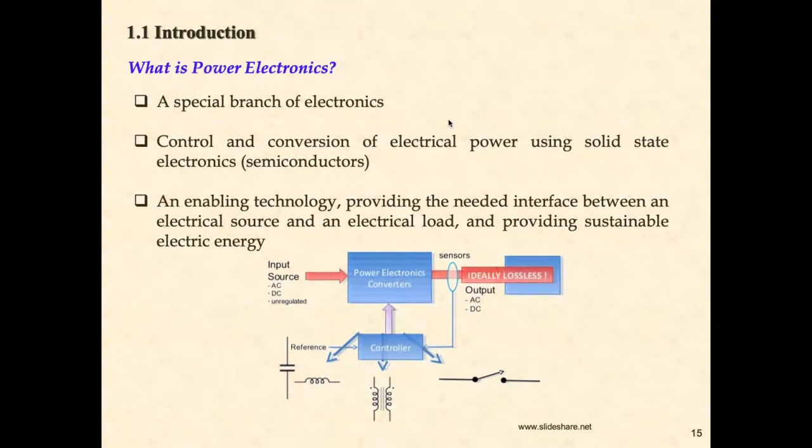Of course, power electronics can also be divided in terms of power levels, high or low. And it is the technique to do control or conversion of electrical power using semiconductors. Okay, so all the components are made of semiconductor materials.